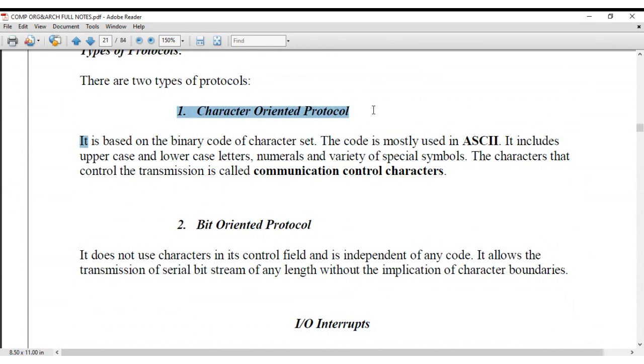Basically, this protocol is able to include uppercase and lowercase letters, numbers, and a variety of special symbols. And therefore, the characters that control the transmission are called communication control characters. So character-oriented protocols govern communication where uppercase and lowercase letters, numbers, and special symbols are allowed.